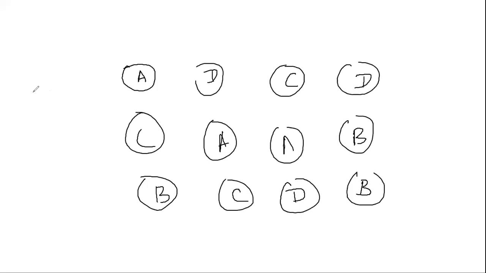Now tell me, how many replicates are there for A, B, C, and D? How many replicates are there for each of those? For A, how many replicates? Vishmika, how many replicates for A?